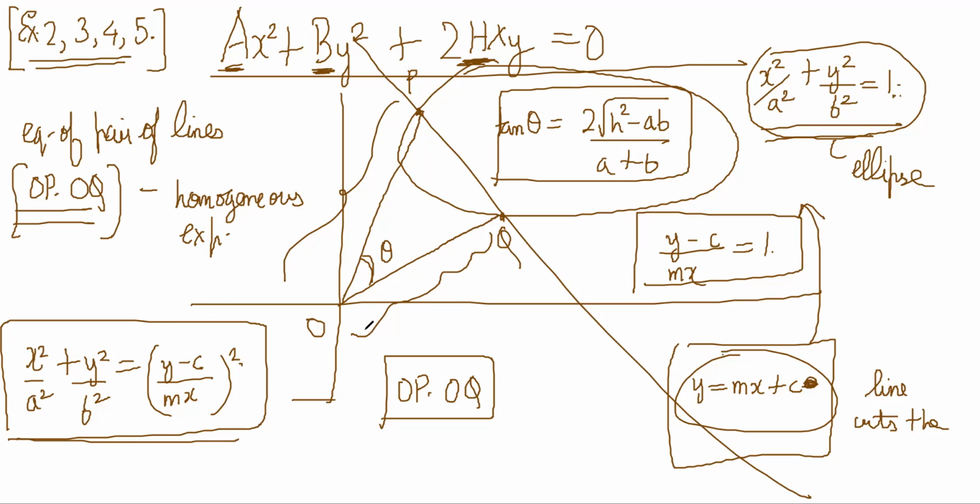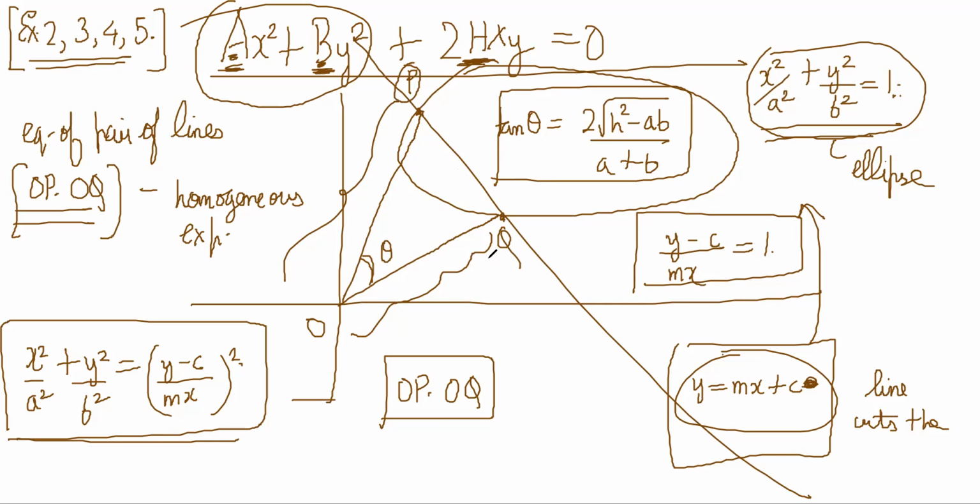If a plus b is equal to 0, then the angle between them is 90. So if it looks like this has some sign and this has negative sign, then you immediately know the angle is 90 degree between OP and OQ. Homogenization is just doing the thing that it is avoiding.